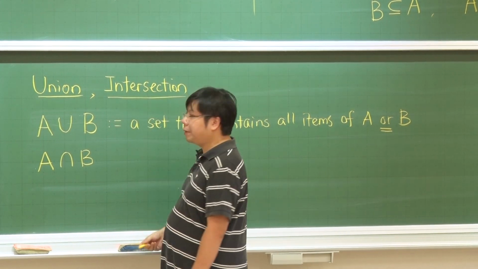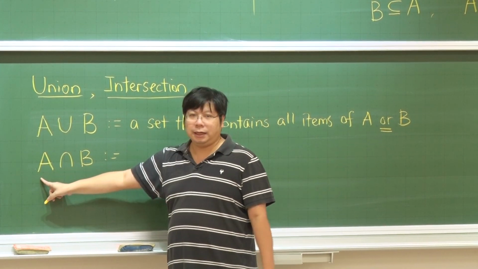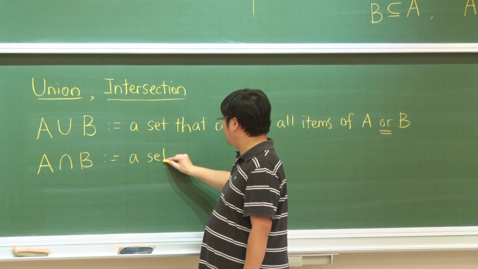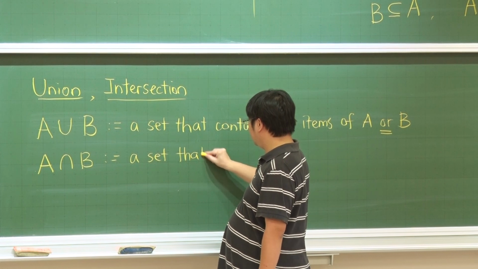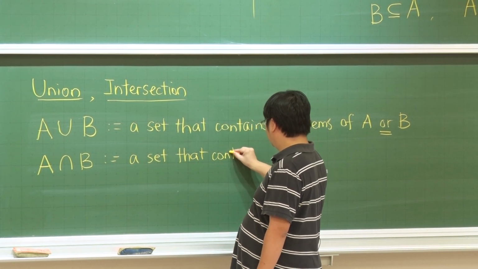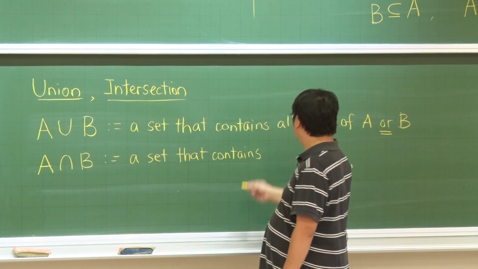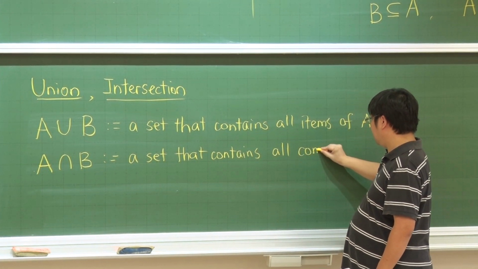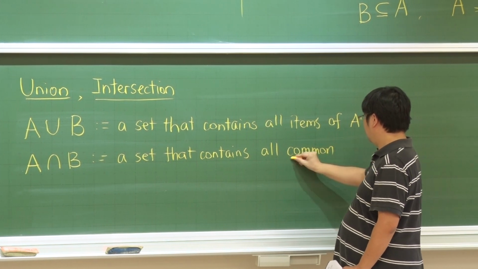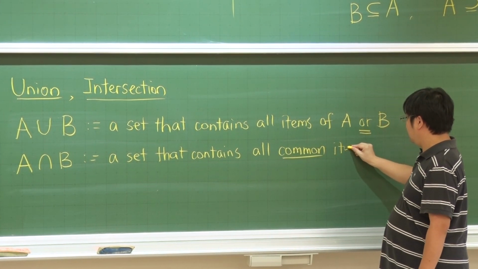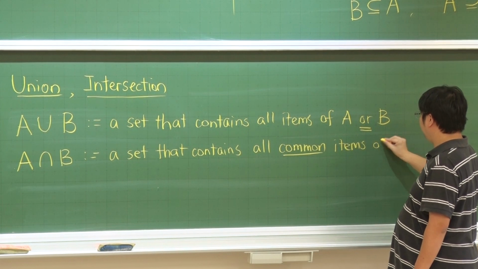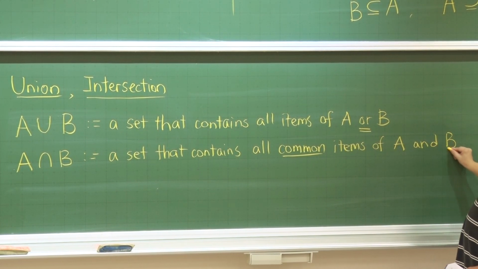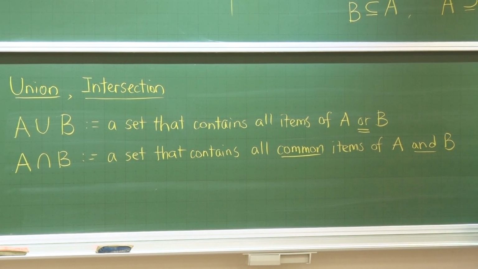The intersection operation, A intersect B, is a set that contains all common items of A and B. So this is the AND operation.